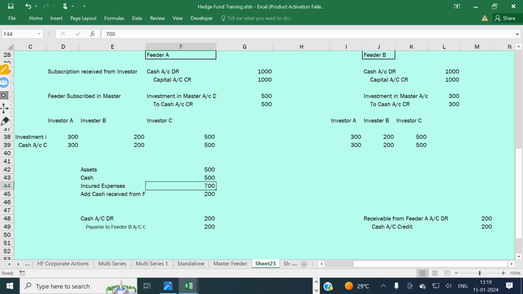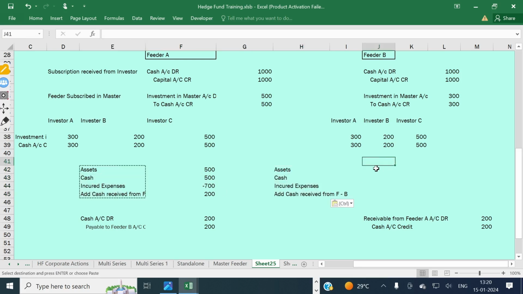Now it will tie expenses. See, and in the books of this one, this feeder will record 300 as an investment in the feeder, then 700 as cash.